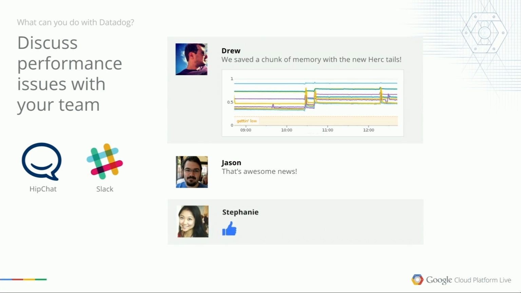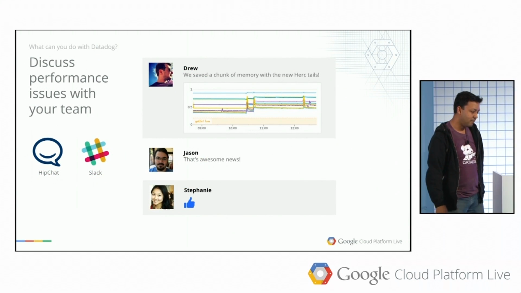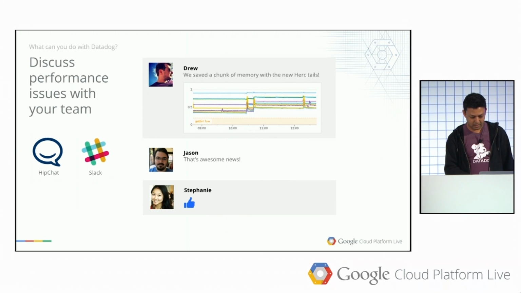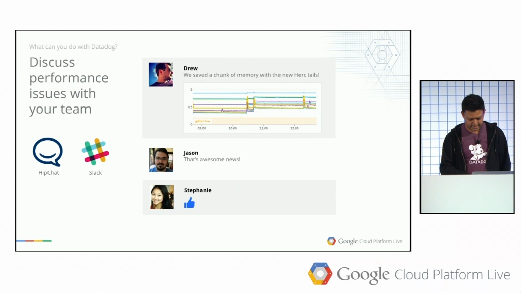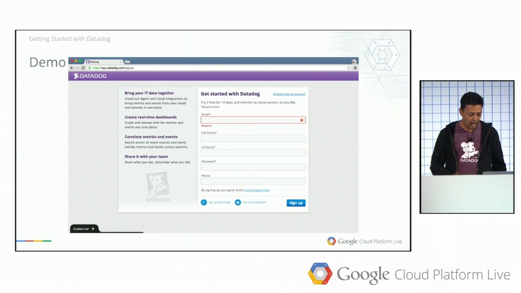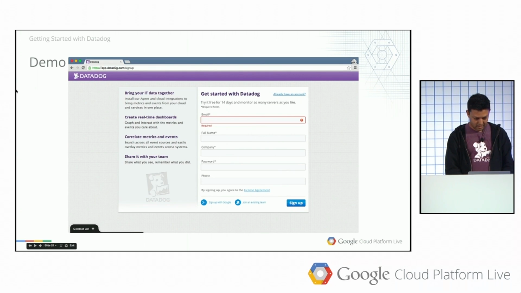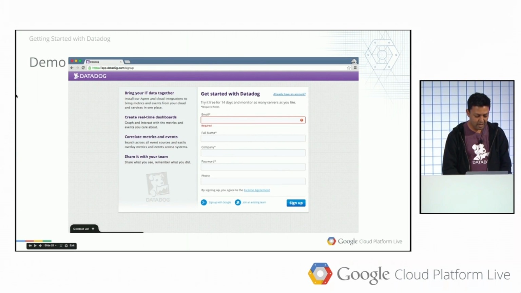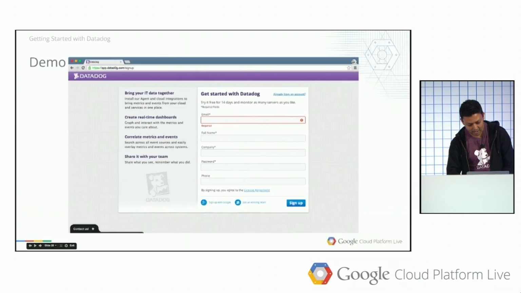And then we'll take all that data and let you build graphs and let you also use your favorite chat tools to chat with your teams, to collaborate over these metrics and performance and talk about them. So here you see a screenshot of people chatting about stuff over, I think that's Slack. And now I'll jump into the demo. I wasn't brave enough to try a live demo, so I've set it up with a video.